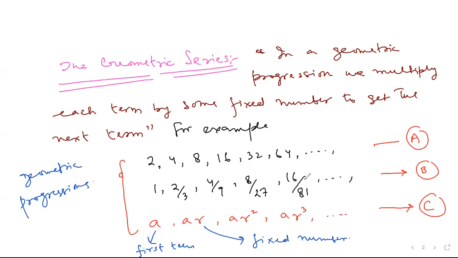The ball falls a distance 1 meter, rises a distance 2 by 3 meter, and falls a distance 2 by 3 meter, rises a distance 4 by 9 meter, and falls a distance 4 by 9 meter, and so on.